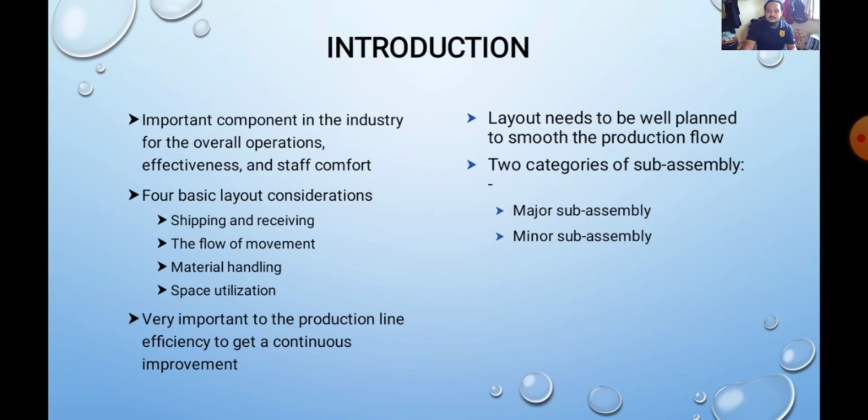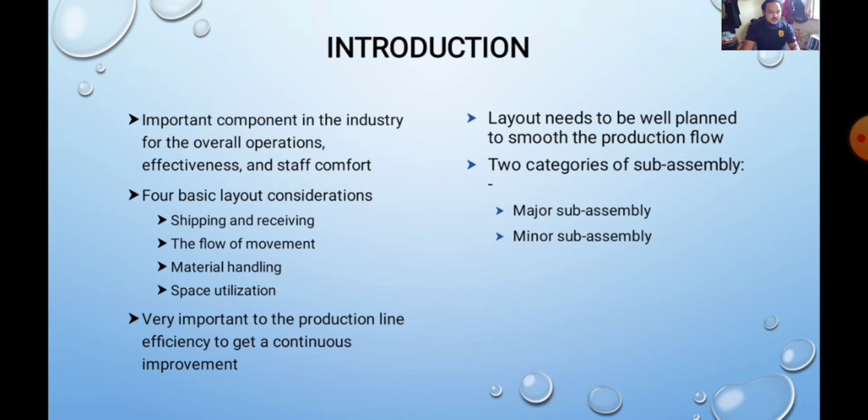While the minor sub-assembly will be placed into a production line. However, some of the minor sub-assembly stations in the production line will result in additional time in the cycle time for the production.